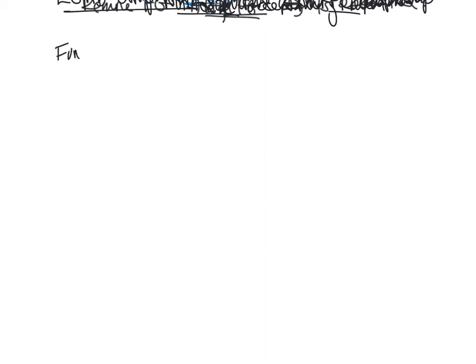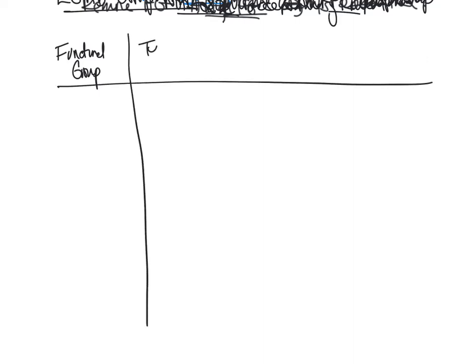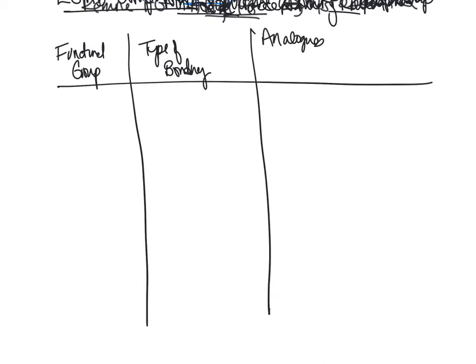So in your chart you want to write functional group. All right, so you have a chart there, and then you're going to have the type of bonding, and then you're going to have the analogs. Okay, so this is the strategy to make, and then over here you can write notes.